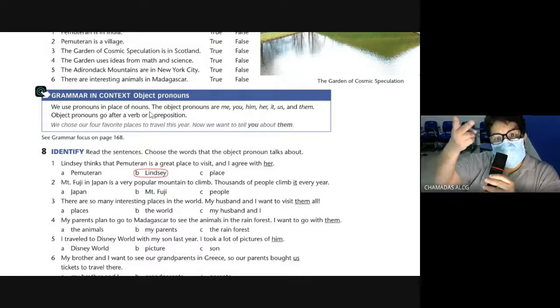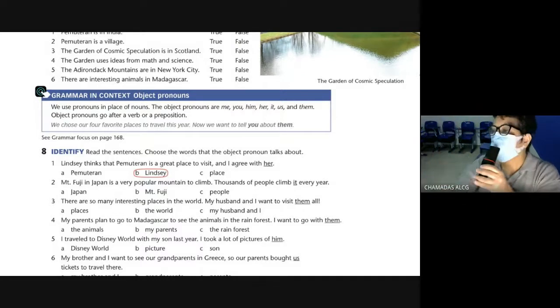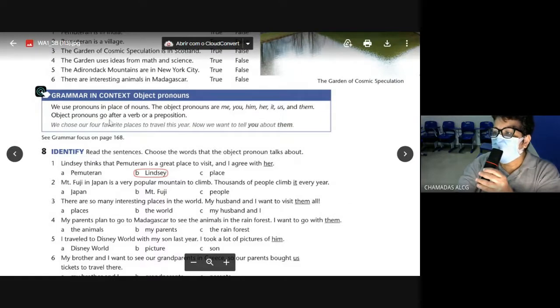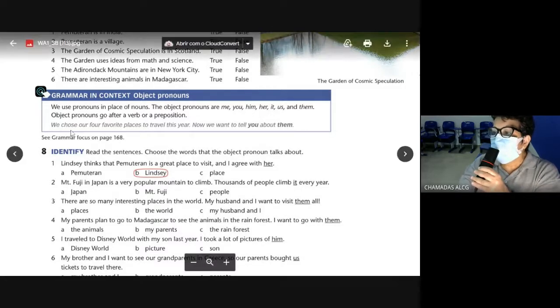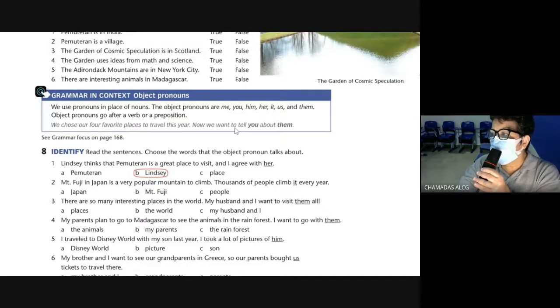They substitute nouns, okay? The object pronouns are me, you, him, her, it, us, and them. Object pronouns go after a verb or a preposition. So can you read the example here, please, Felipe?